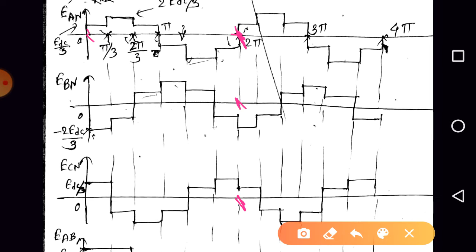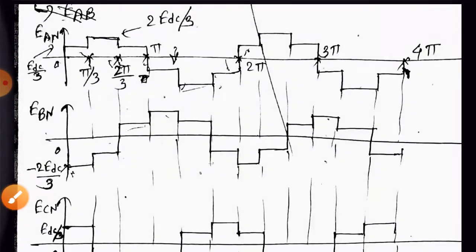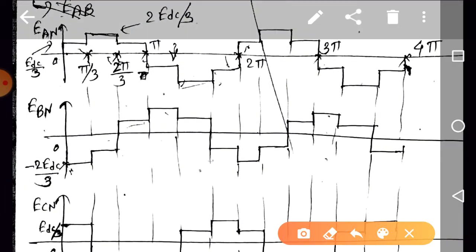Next, what is the phase reference between VAN and VBN? Check VAN after omega t is equal to 0. After omega t is equal to 0, we are having VAN positive, with a sequence of EDC by 3, 2 EDC by 3 and again EDC by 3. If you check, this type of sequence is repeating in VBN after this interval.